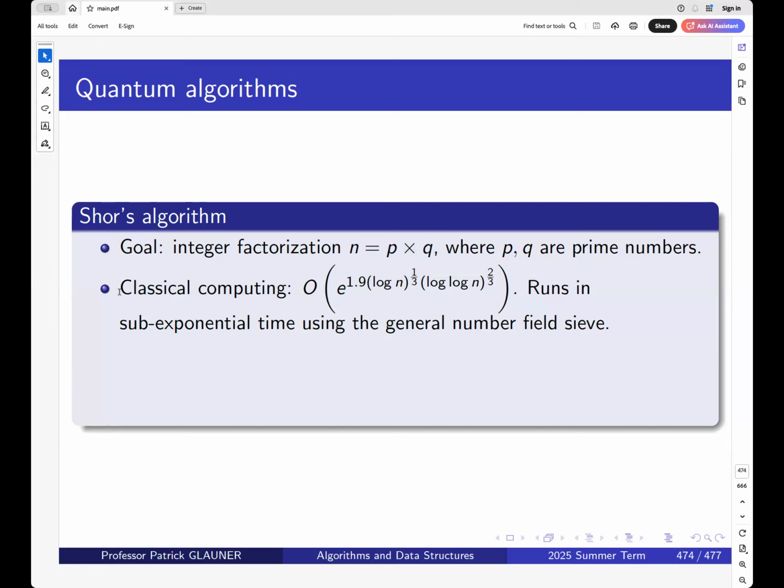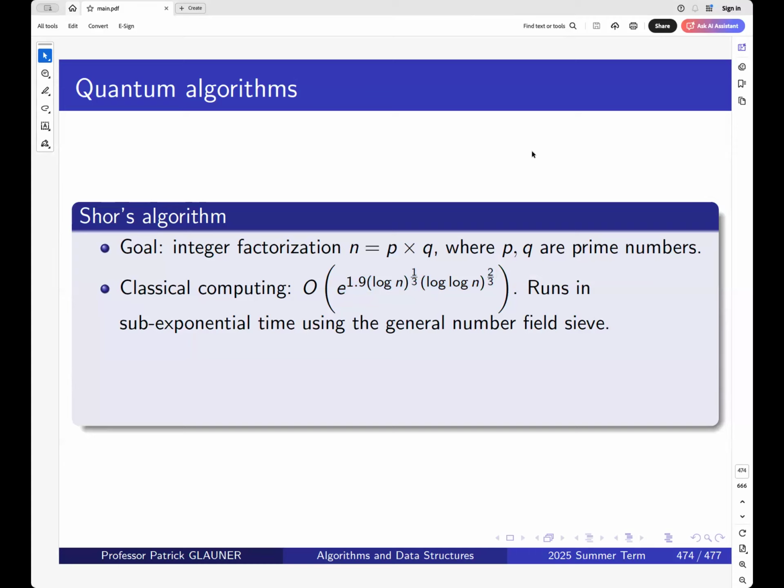It turns out for classical computing, there is a so-called general number field sieve that could be applied here. And this general number field sieve is O of e to some product that I will not read out here. And you don't need to know this by heart, but you could write this, for example, on your cheat sheet or your note sheet for the exam.